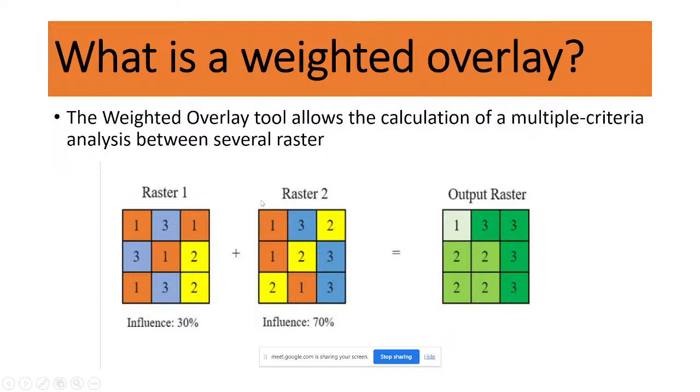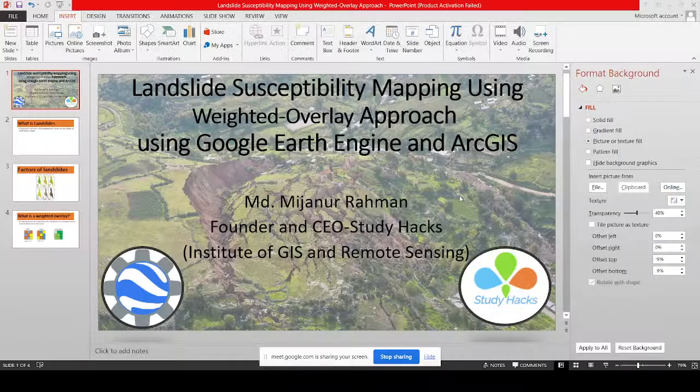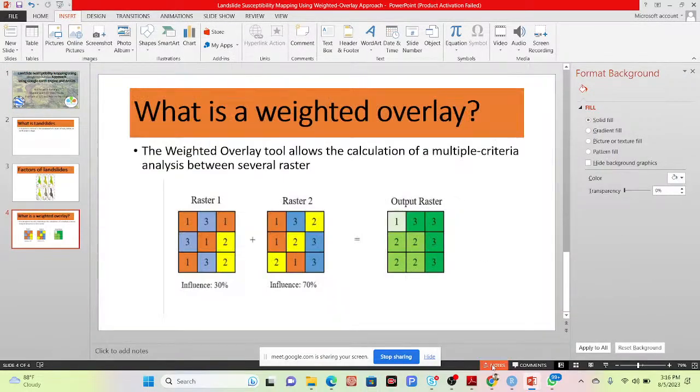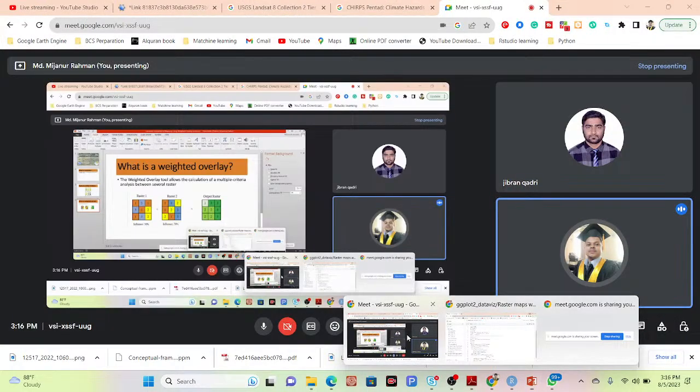After that we apply the weighted overlay method, get the final output, and classify the landslide susceptibility, showing where it is high and where it is low.